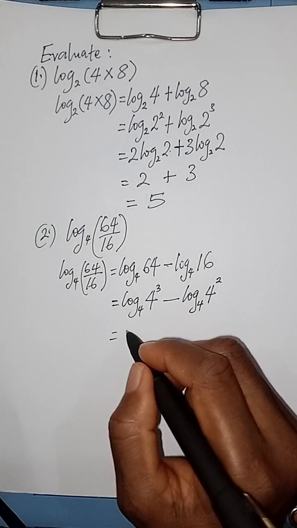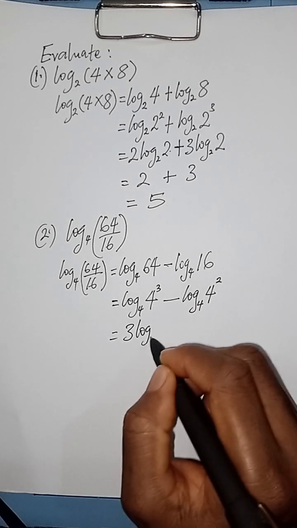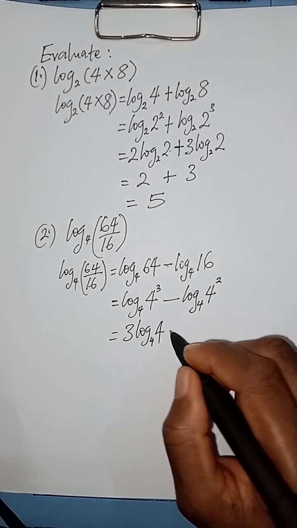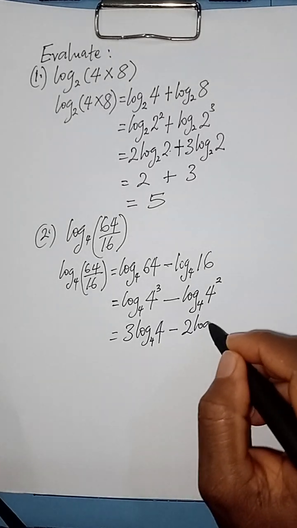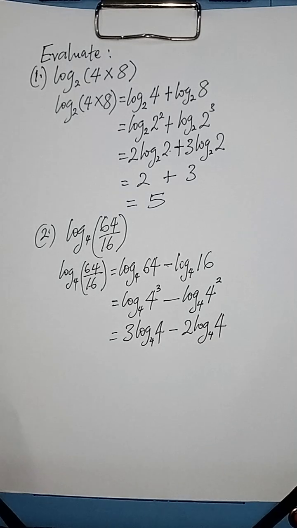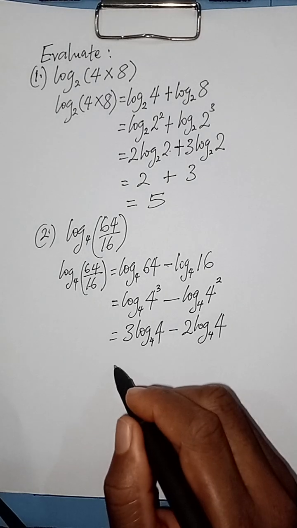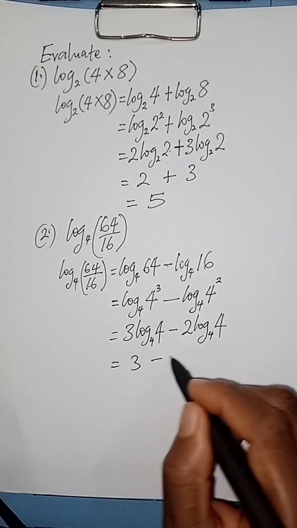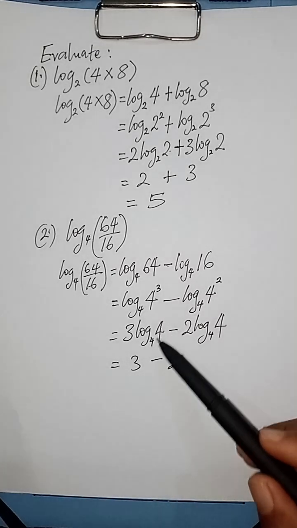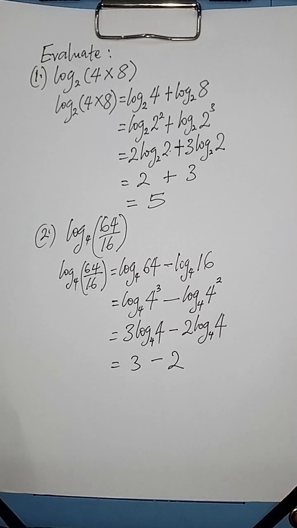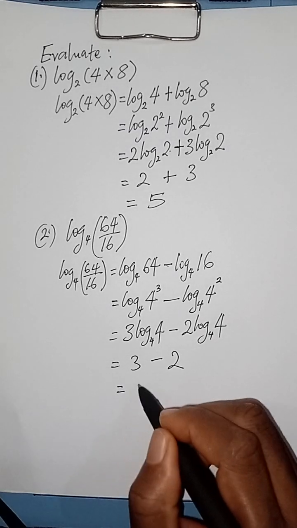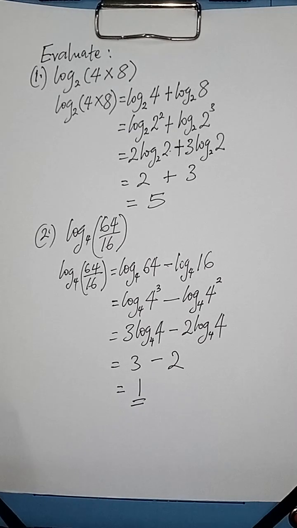The 3 comes to the side, 3 log 4 to base 4 minus 2 log 4 to base 4. So this is 3 minus 2, because log 4 to base 4 is 1. And 3 minus 2, your answer, is 1.